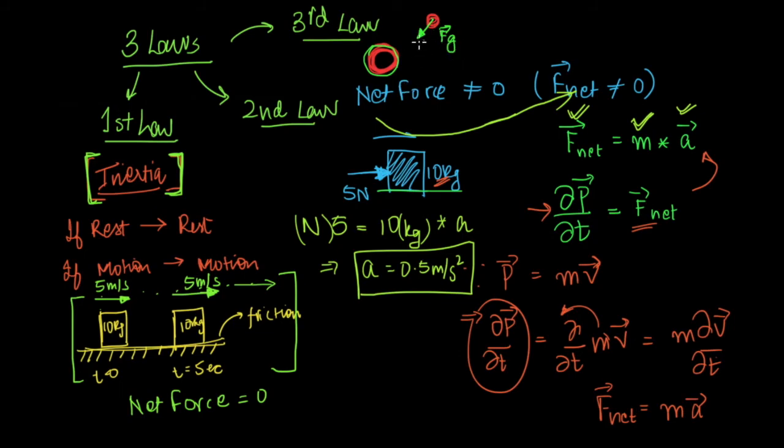Now, by virtue of this action force, the moon is also going to exert a reaction force on the earth. So that will be like so. That will be minus F of g, and I'm ensuring that there's a minus sign because the only thing I want to change is the direction. The magnitude will remain same, and this is what we call the reaction force. So there you have it.